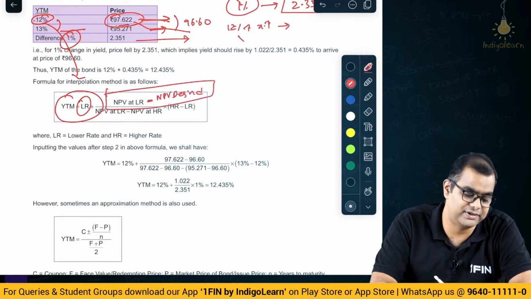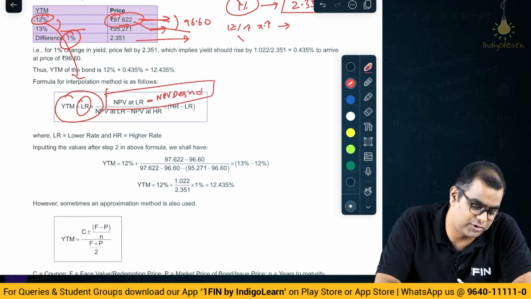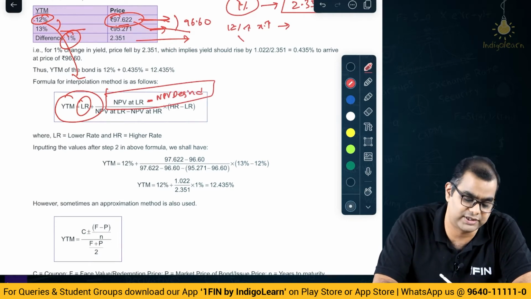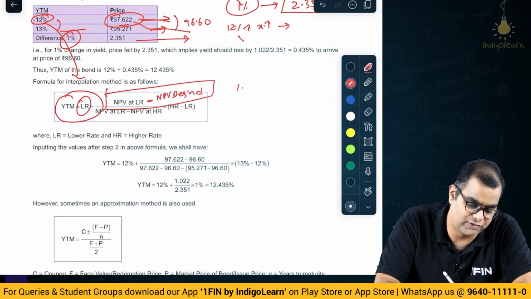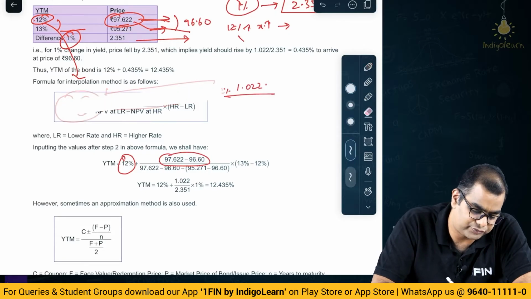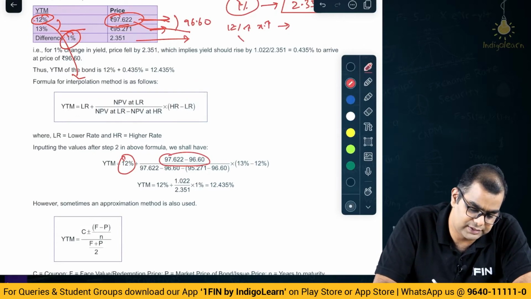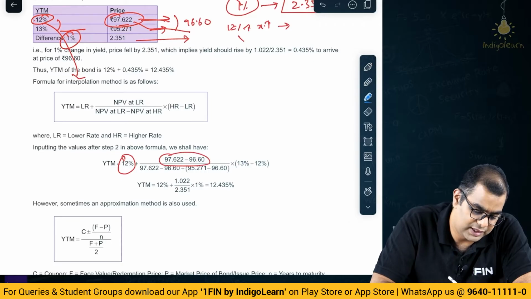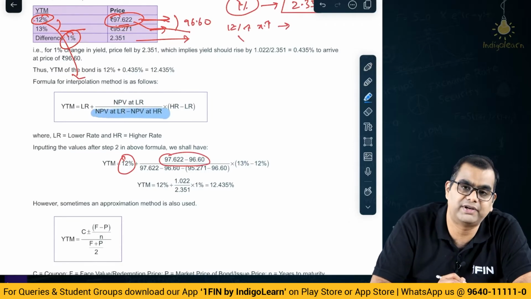NPV at lower rate minus NPV desired: 97.622 minus 96.6, which basically will give you 1.022, right?